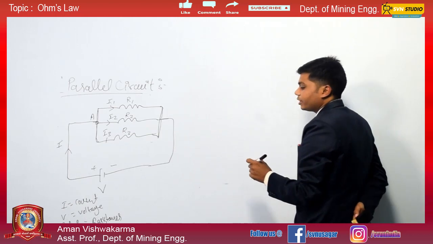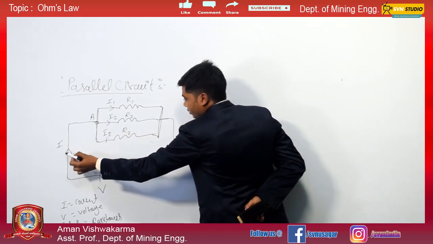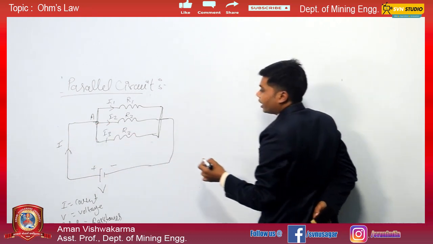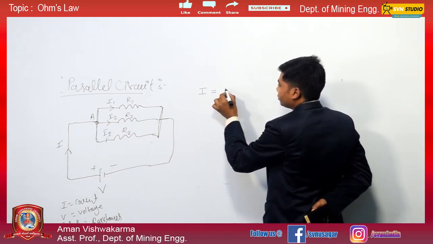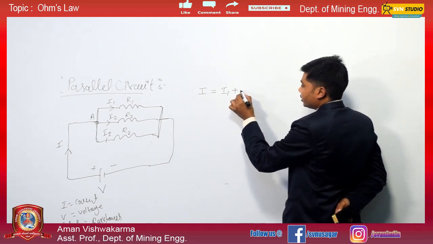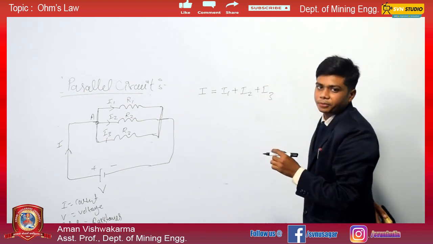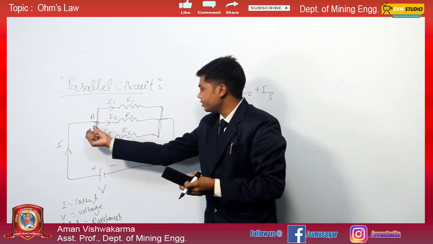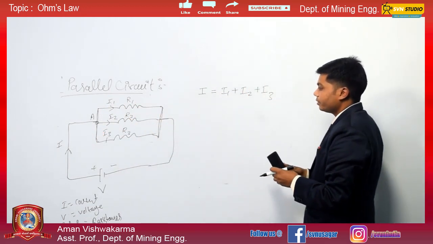Okay. Now, we can write that I is dividing into I1, I2 and I3. So, here I is equal to I1 plus I2 plus I3. Okay. Current is dividing into three parts I1, I2 and I3 at point A.